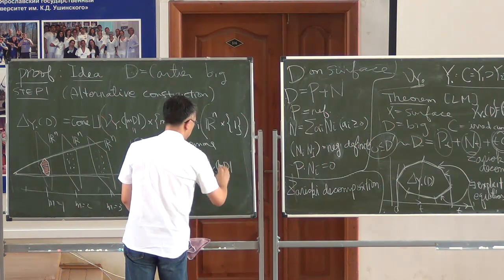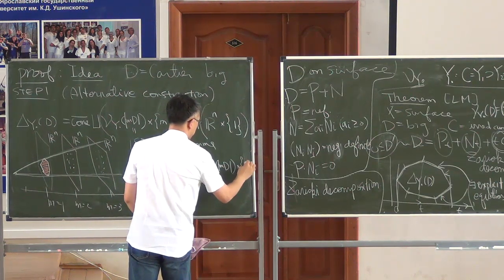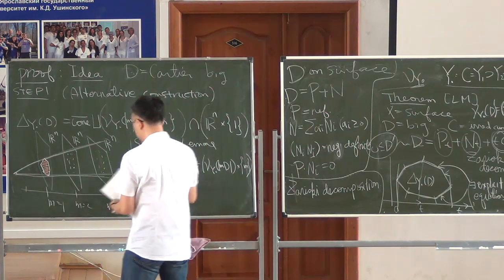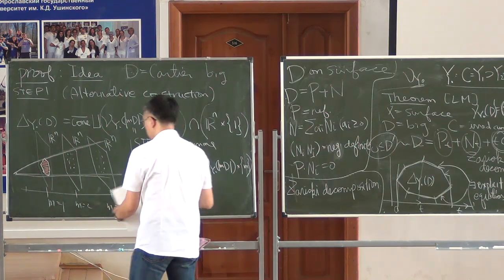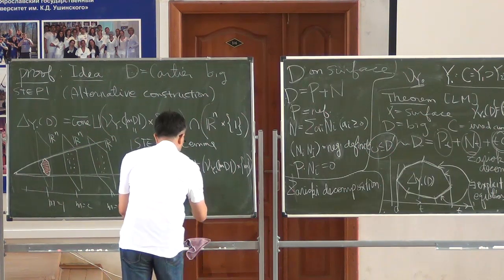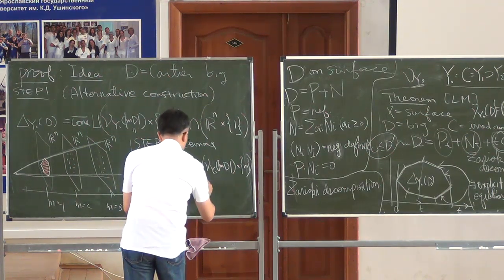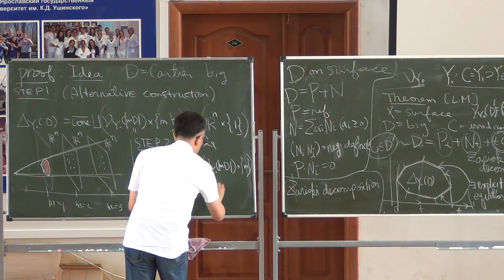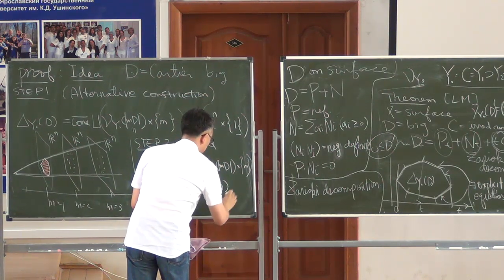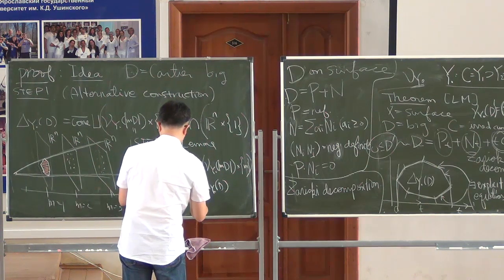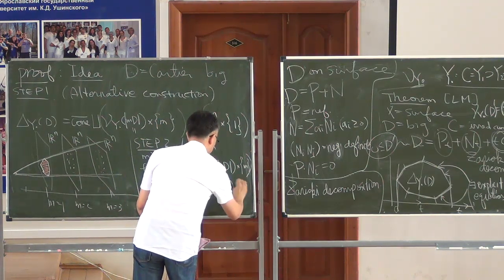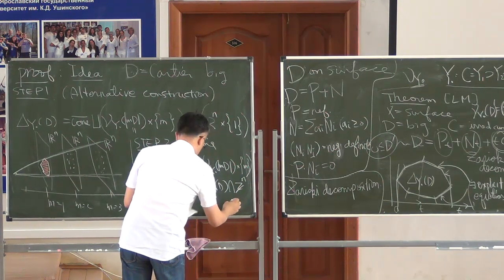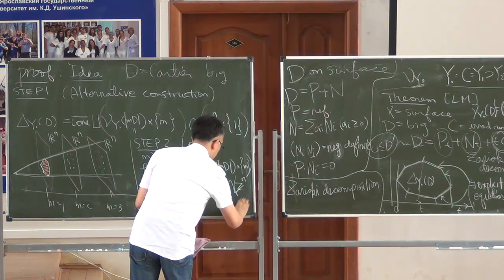mD cross m. But this is also equal to the number of points computed this way: mD cross Gn cross n.